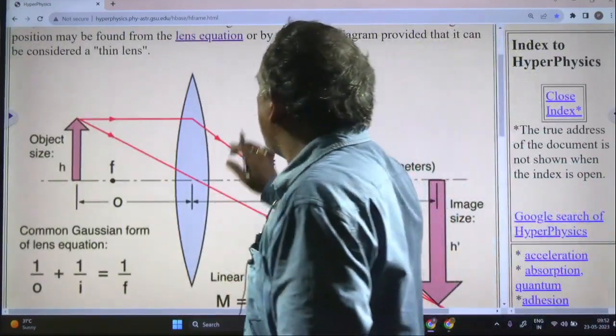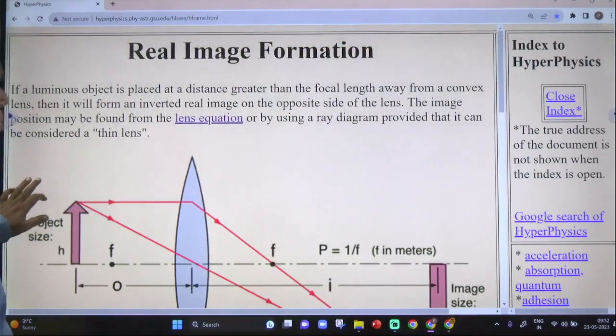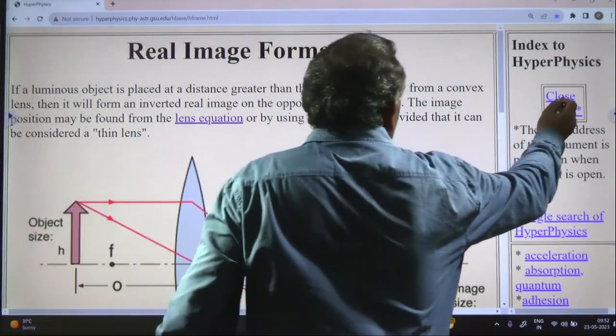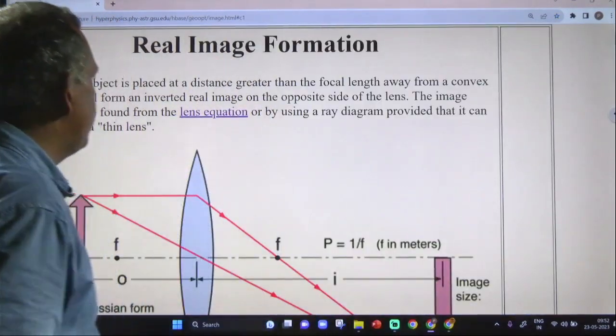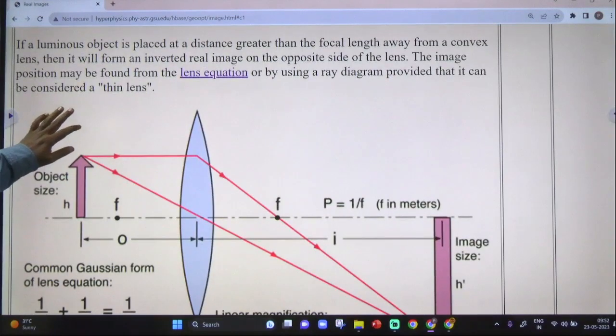The object is here, lens equation, real image formation.